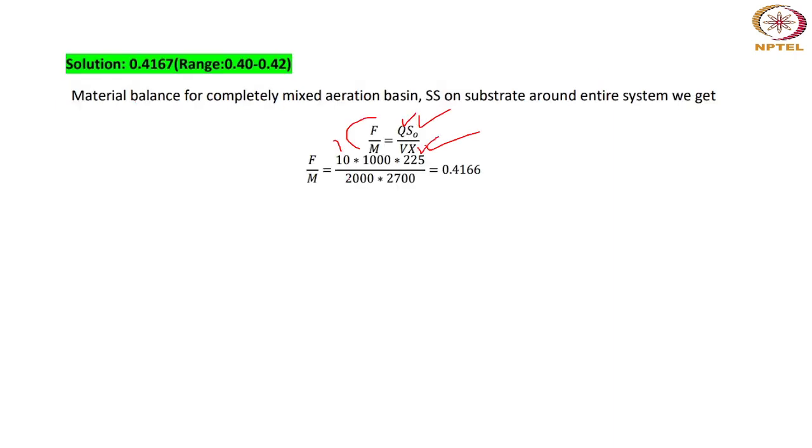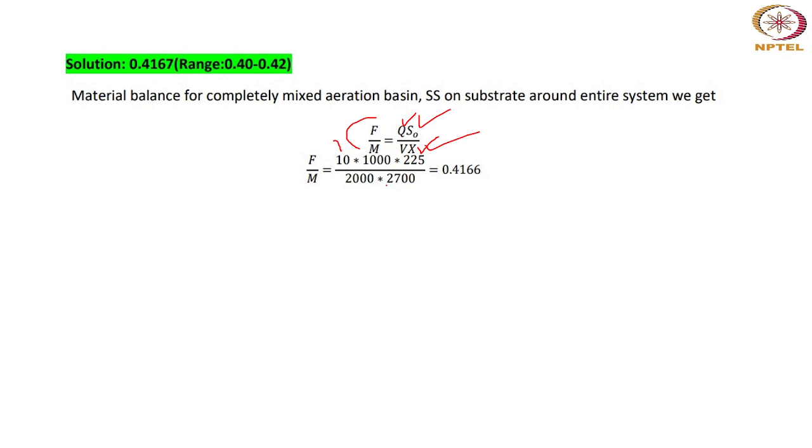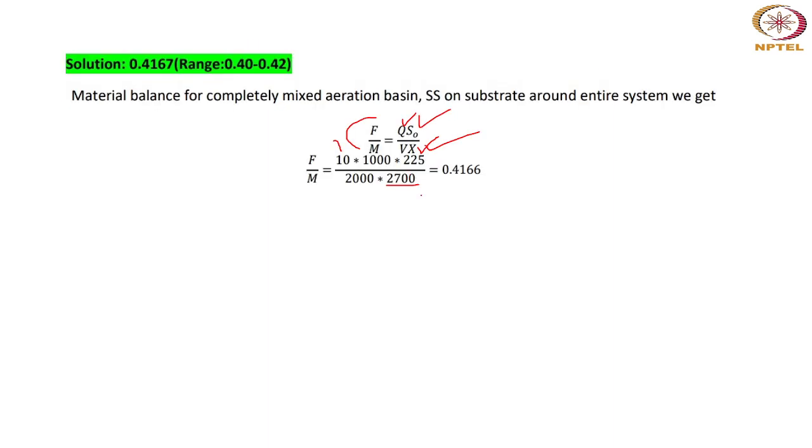And then the volume, 2000 meter cube, multiplied by MLSS. MLSS concentration was 2700 mg per liter. I'm writing that. And you need to convert meter cube to liter, MLD to liter, that conversion you need to do. And if you do this conversion and calculate, you will get 0.416, right? That is our correct answer.